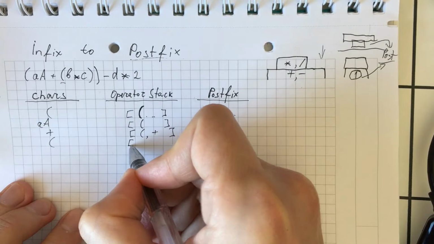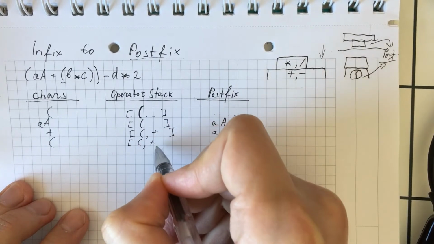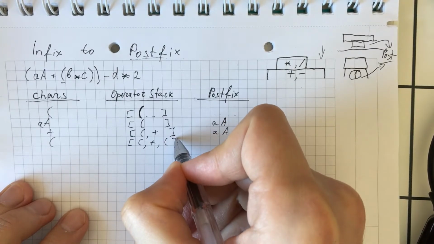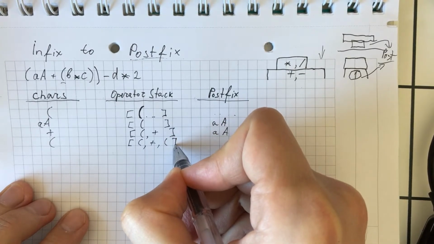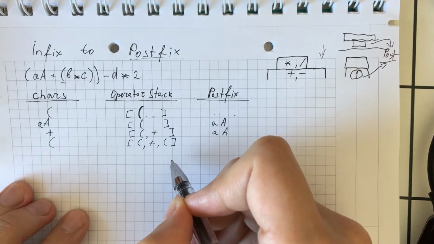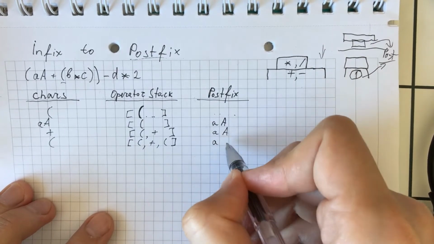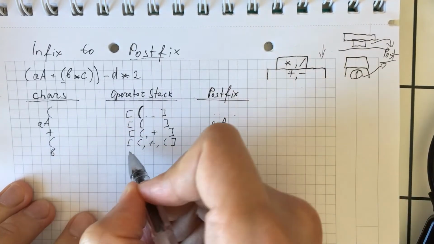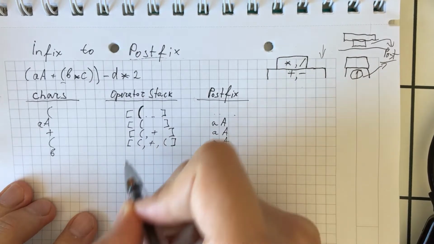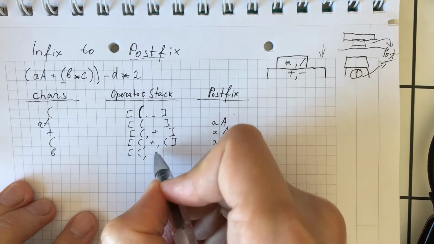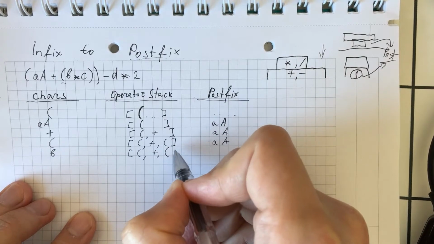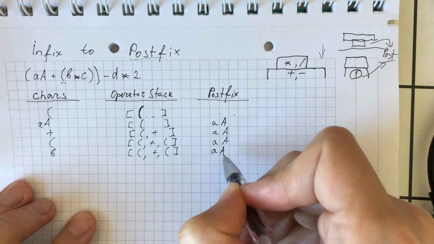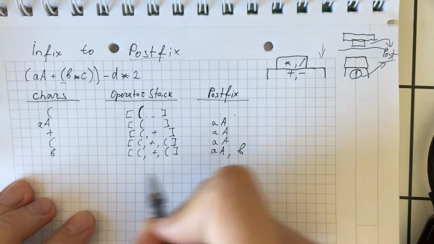So what's happening? Well, we've got this, we still have this, and we have this, right? And this is still this. Then we got a B. It remains, and the B is added to the postfix.